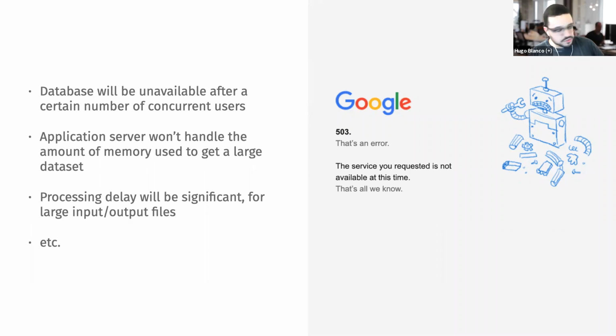Let's suppose we have to generate a big data report for a big customer, and we are not expecting that much data to be exported or generated from a report. That could be a problem for the memory of the server, especially for that large data set. Also, processing delay would be significant for large input or output files.